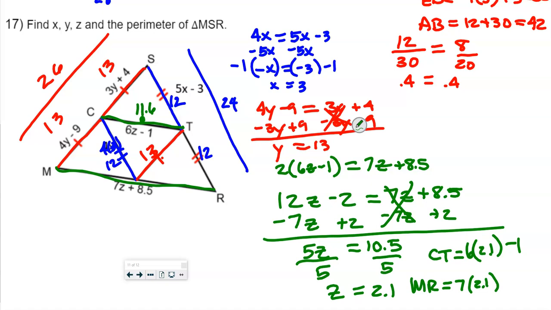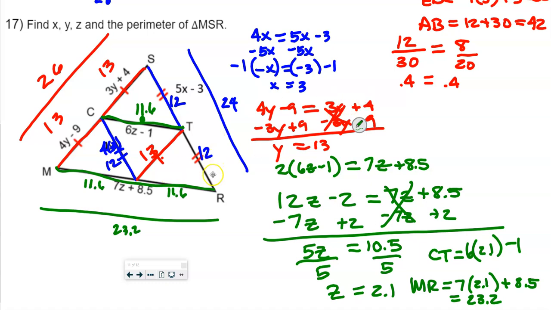That would be 14.7 plus 8.5. So that's going to be equal to 23.2, right? 23.2. So that's that whole side, yeah, right, y'all? So that's the whole side, 23.2. This point right here would have been 11.6, right, and 11.6, okay?